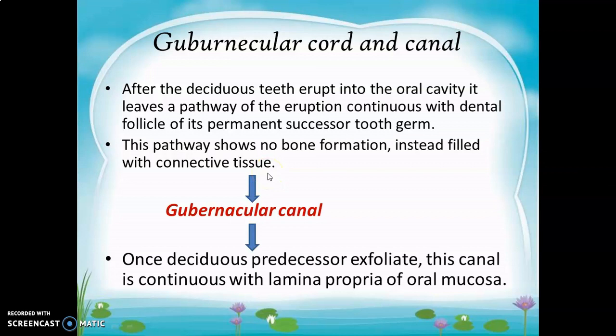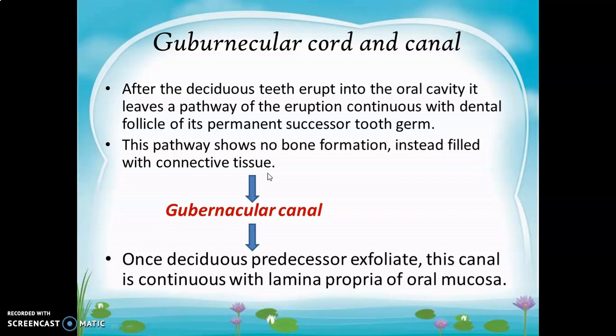Gubernacular canal and cord is a feature present only during eruption of permanent successor teeth, which include permanent anteriors and premolars. As I said, in pre-eruptive movement of successor teeth, the deciduous teeth and their successors share the same bony crypt. Once the deciduous teeth erupt into the oral cavity, they leave a pathway of eruption continuous with the dental follicle of the permanent successor.